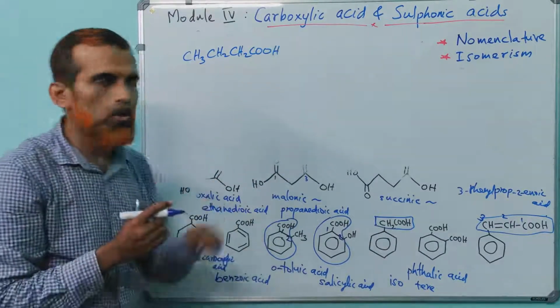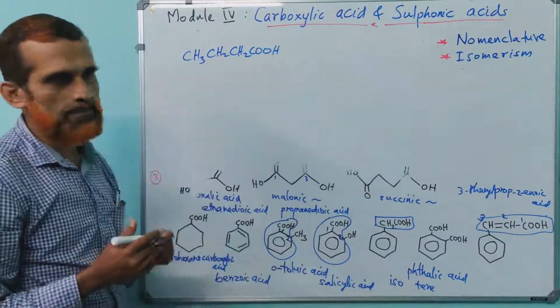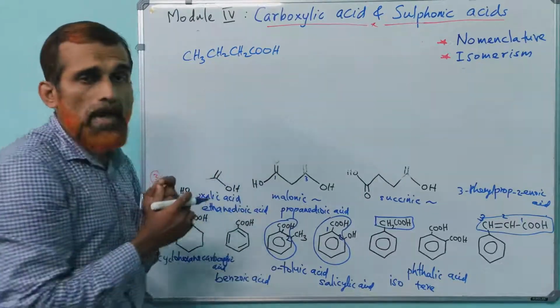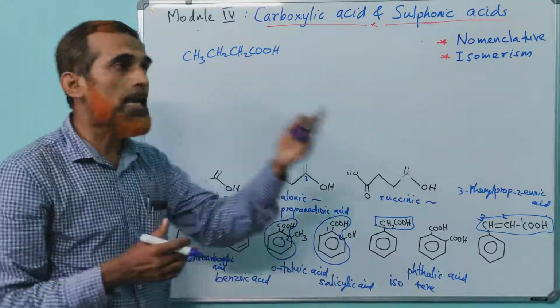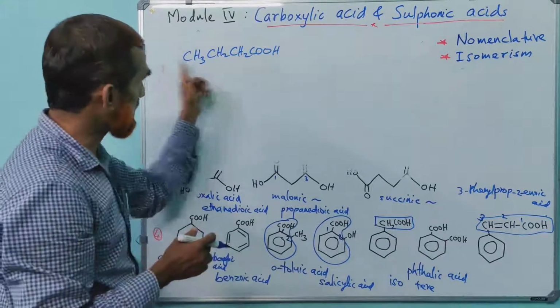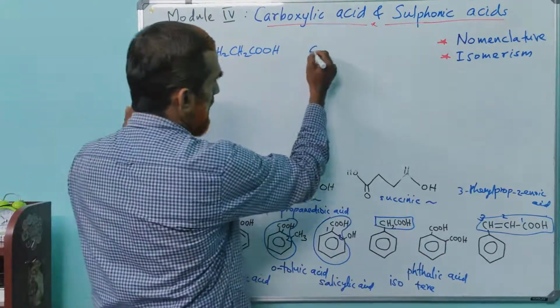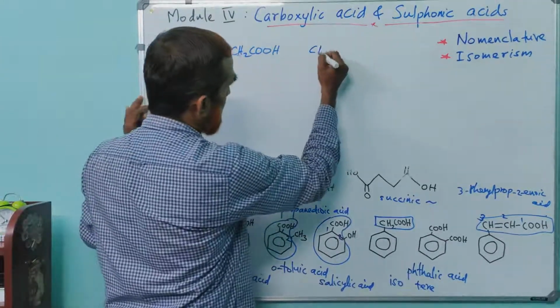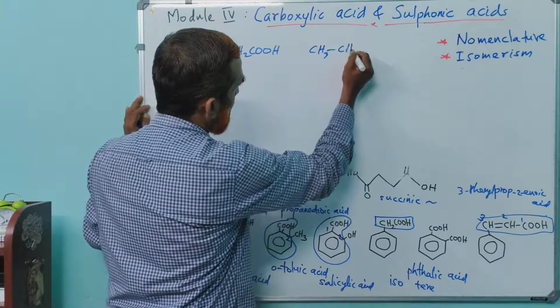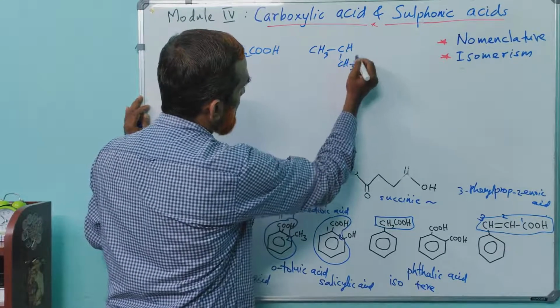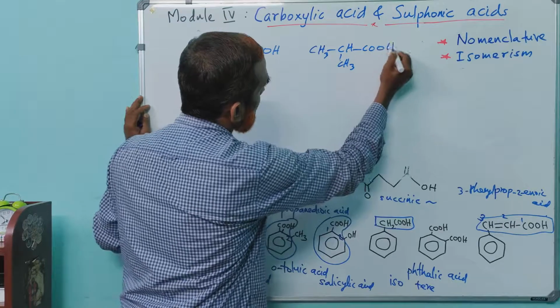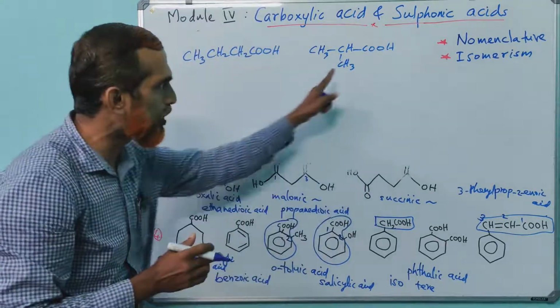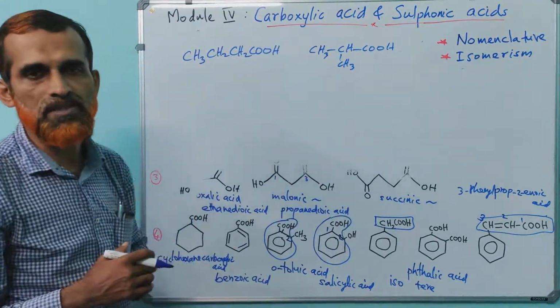What is this compound? Butanoic acid, isn't it? You can write the chain isomer for this one. This is straight chain without branching. You can keep a branched chain like this, CH3, COOH. These two are chain isomers. Same molecular formula but different carbon chain.